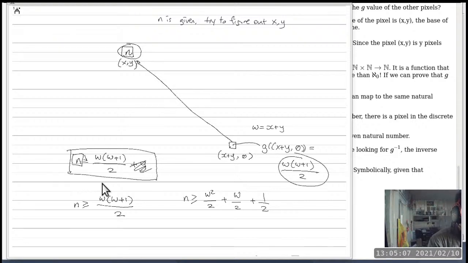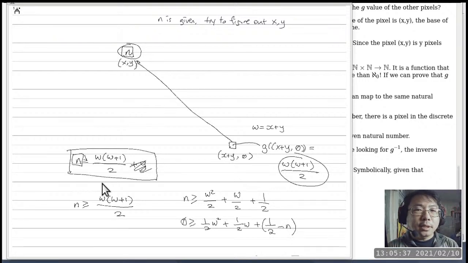When you group all the constants, now we have 0 is greater than or equal to. Let me change the way it looks, because then you'll go, oh, so this is something that we know. And then this one is 1 half minus n. There we go. So other than the inequality, what do we recognize here?